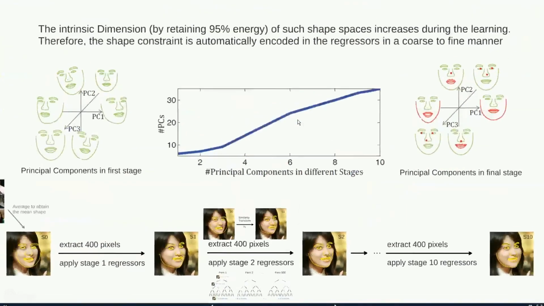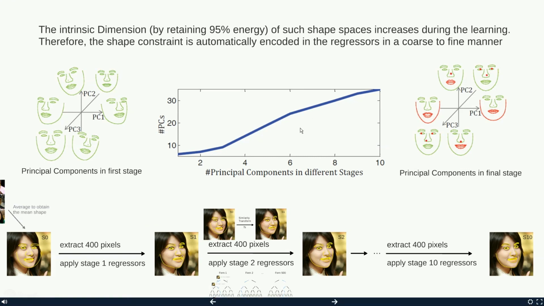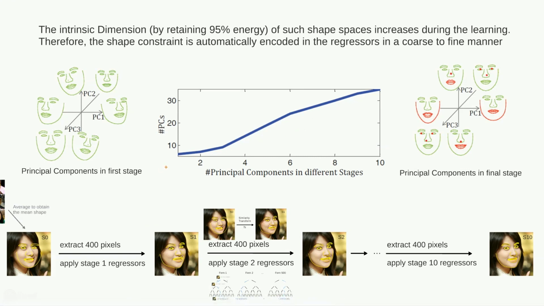Then we get the number of bases, the number of principal components in each stage. For example, in the first stage, there will be maybe 3 of them. The second stage, maybe only 5 of them in all. This accumulates. And as it goes on, until the 10th stage, in all we would have 30-something components.